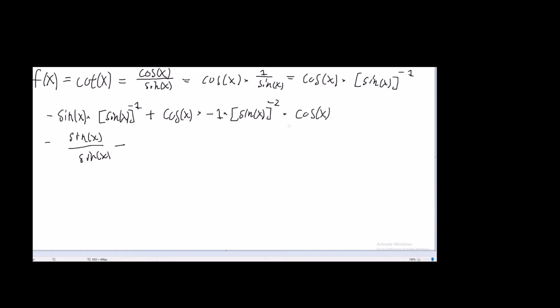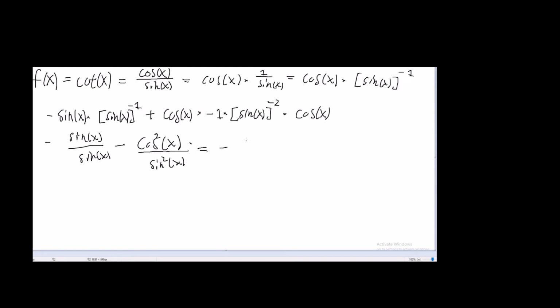Cosine of x times cosine of x is cosine squared of x, and sine of x to the negative second power is the same thing as 1 over sine squared of x, but let's just rewrite this as cosine squared of x divided by sine squared of x. Save room. This could simplify to 1, but let's not do that.